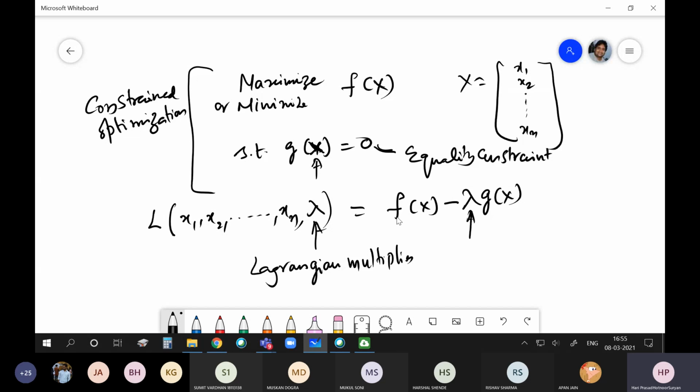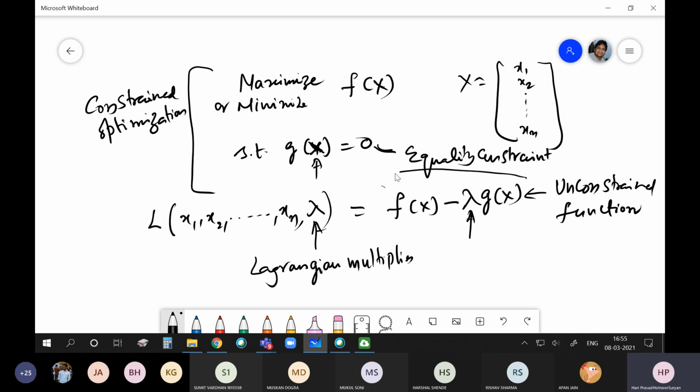Basically, when I do this, this is the new function, which is an unconstrained function of x1, x2, xn and lambda.